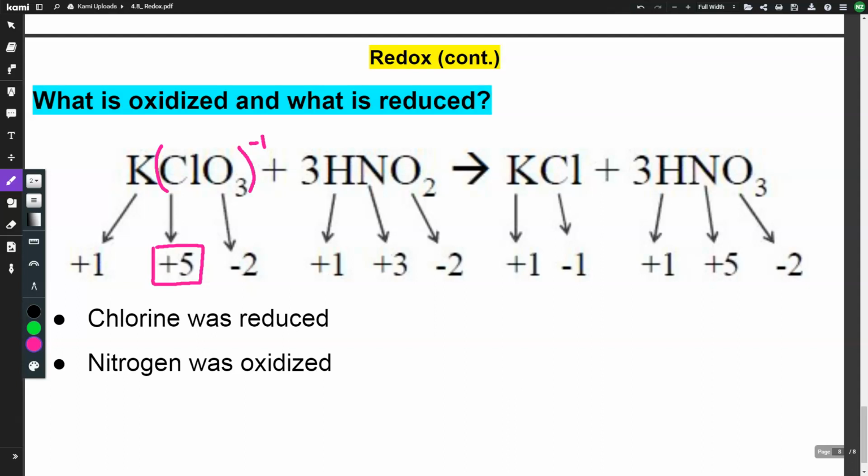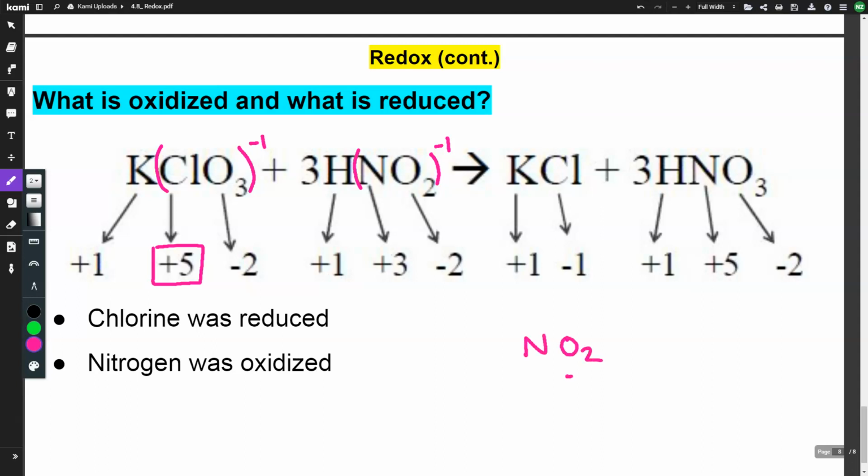In our next piece, we have NO2, which is an ion. NO2 has a charge of -1. So oxygen is -2, and there are 2 of them. So let me rewrite this, NO2.